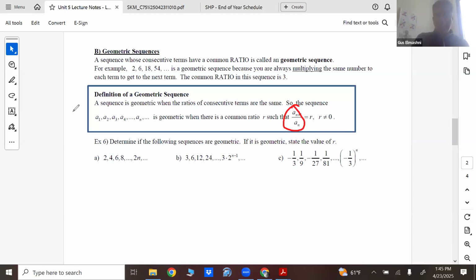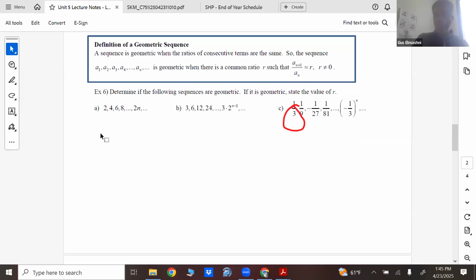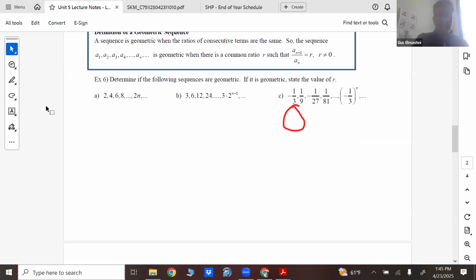Okay. So let's determine if these are geometric, and if they are, let's see what r is. Is there a common ratio for part A? No. There's 2n. This is arithmetic, right?